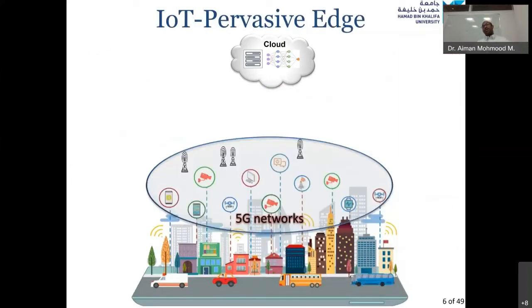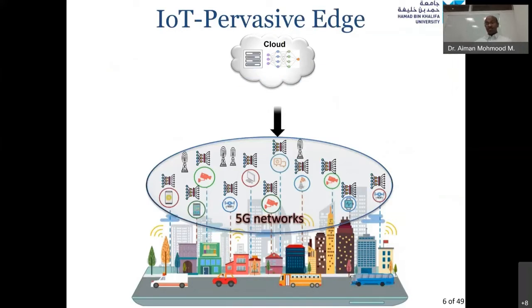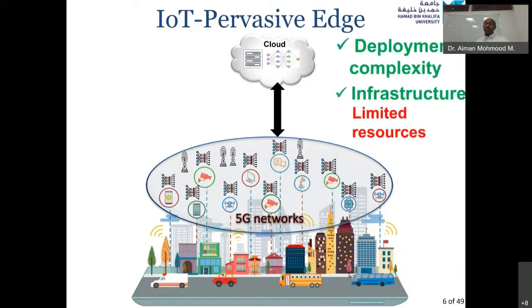And now, if we say that we are trying to engage more of these end devices, if we want these end devices to be intelligent themselves, my camera, my mobile phone, the drone, the smartwatch, if all of these become more smart and are connected with 5G and maybe connected with each other through some other direct communication, then we get rid of the deployment complexity and the new infrastructure needed.